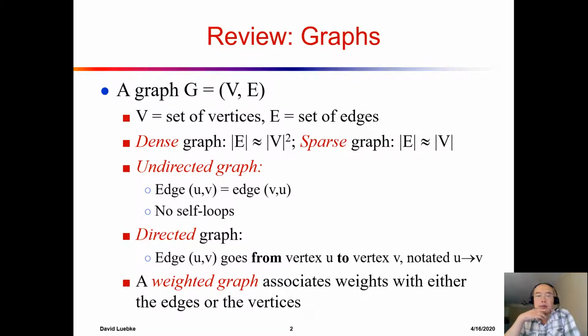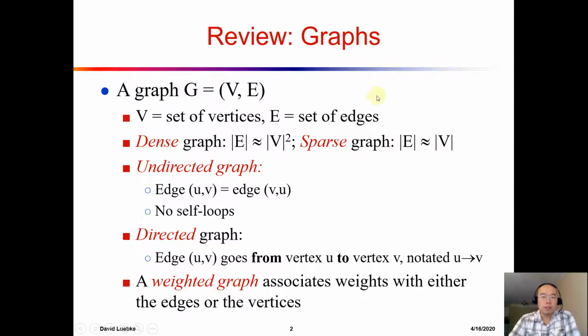Okay, so the first part we talk about is graph representation. For representation, we only need to define two sets of objects. One is the edges, and the other one is the vertices, right? Depending on how many edges we have, we have two different types of graphs, the dense graph and the sparse graph.